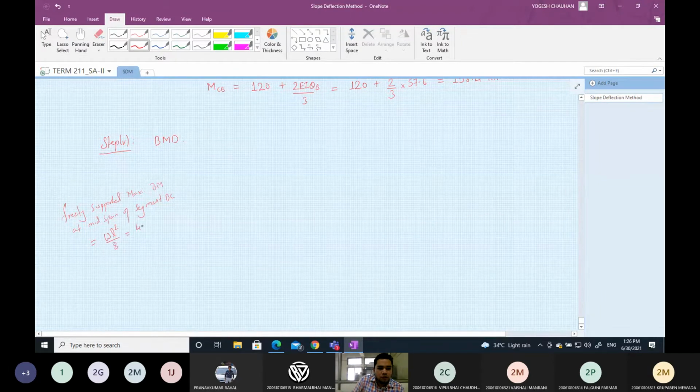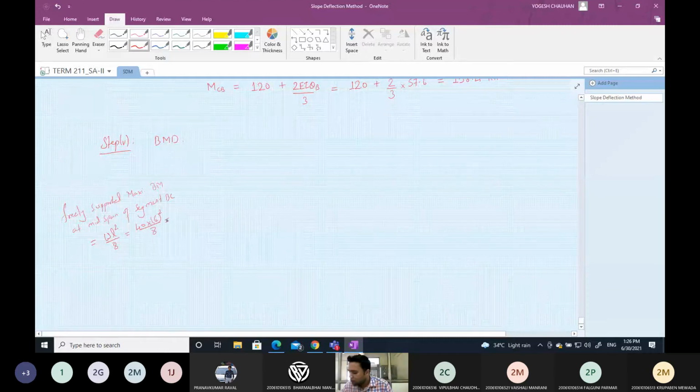So that will be 40 into 6 square by 8. So that will be 180.